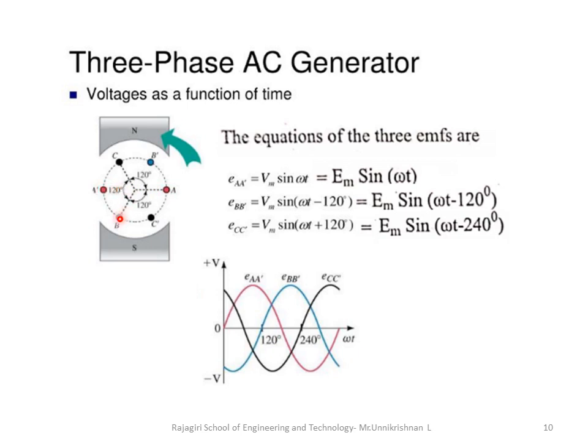This point will be B1, this one will be B2, this one will be C1, this will be C2. So A1, B1, C1 are making an angle of 120 degree and B2, C2 and A2 are making an angle of 120 degree as shown in this figure.